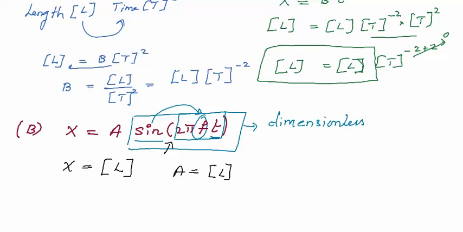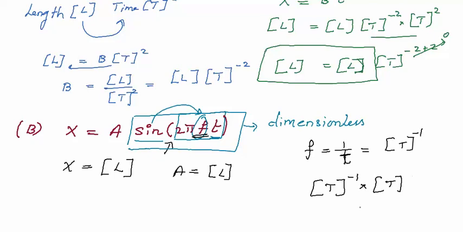If you're not satisfied with the fact that time t is simply absorbed in the trigonometric function, I can give you another interesting point. f is frequency, and frequency is nothing but the inverse of time, so it has a dimension t inverse. Apply that and you get t inverse times t.